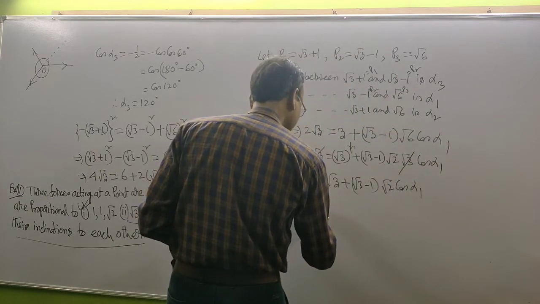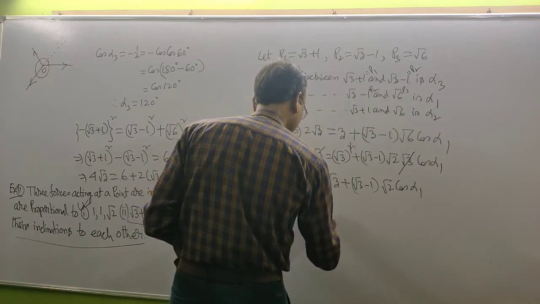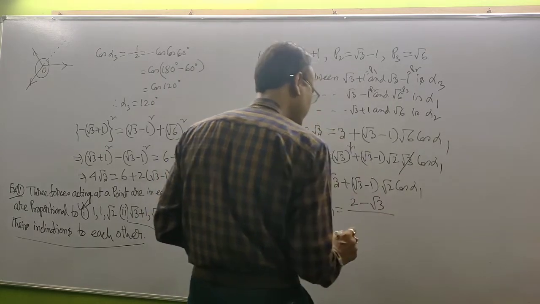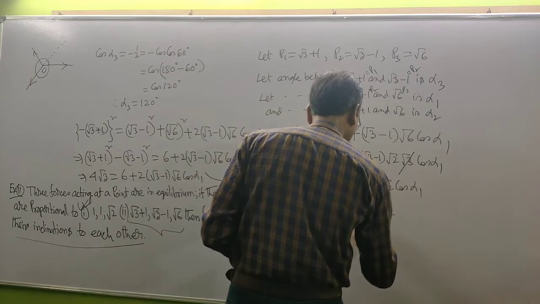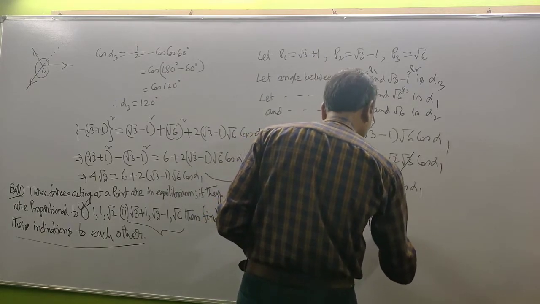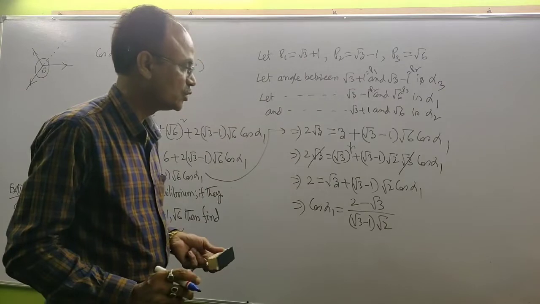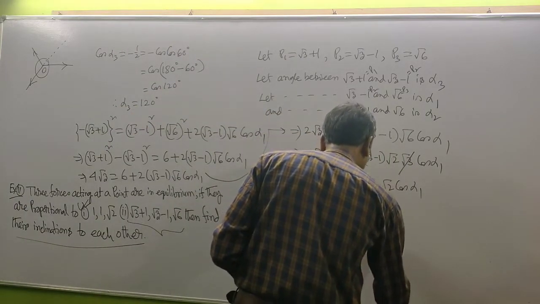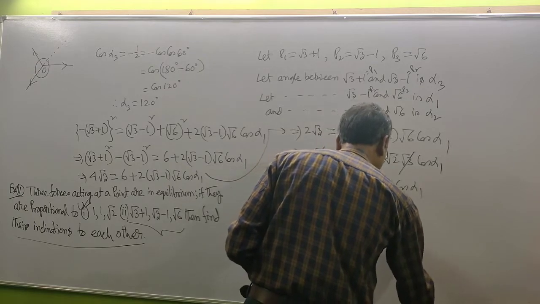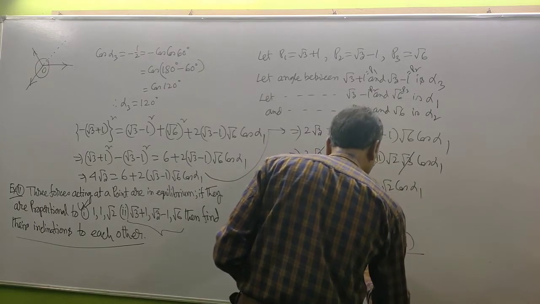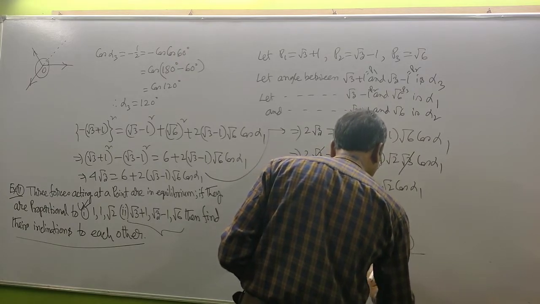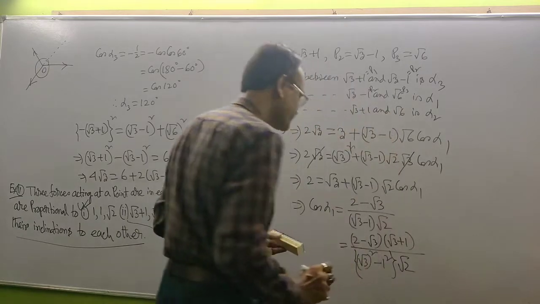This means cos alpha 1 should be equal to (2 minus root 3) divided by (root 3 minus 1) into root 2. This is equal to (2 minus root 3) times (root 3 plus 1) over ((root 3) whole square minus 1 square) into root 2.